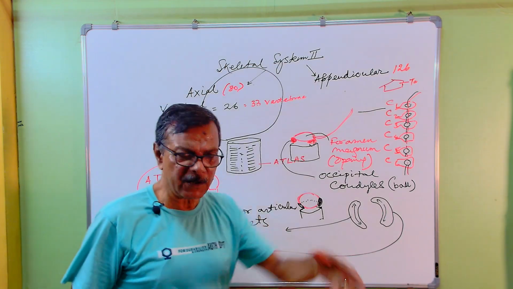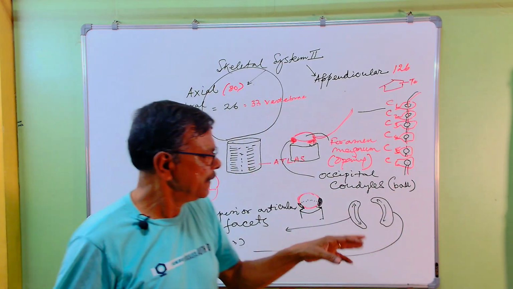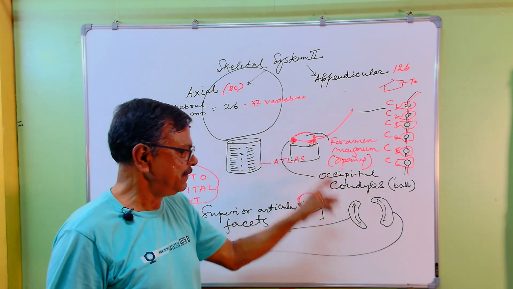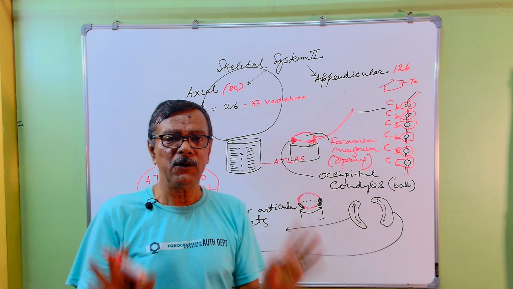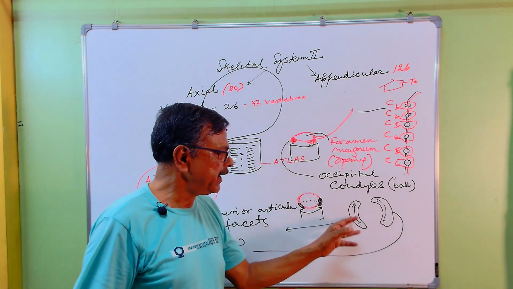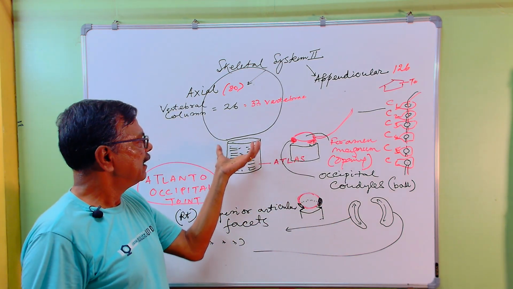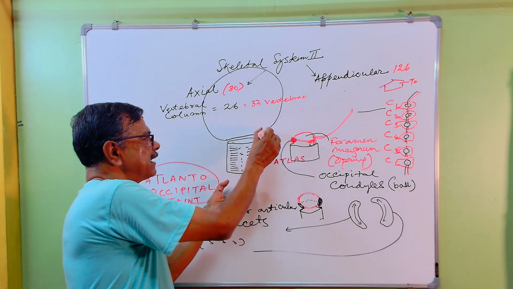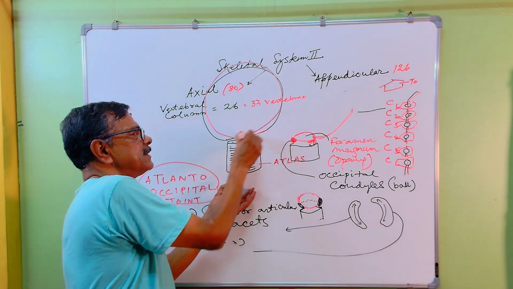It may be because of the Atlantic Ocean. So the atlas and occipital joint is known as the atlanto-occipital joint. This is the joining of the first vertebra with that of the skull.